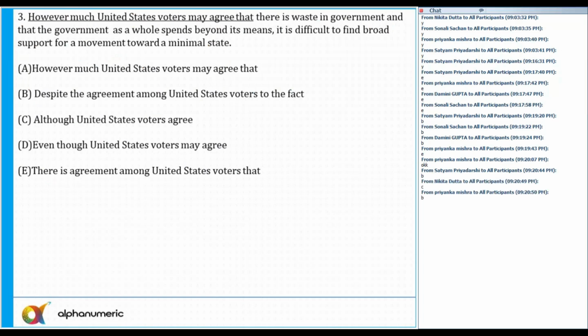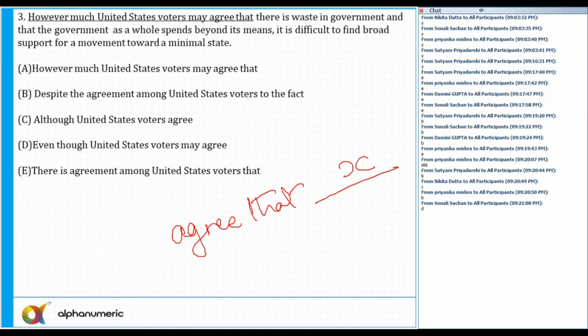You have marked B, okay? Some people have marked B. Some people have marked C. Now see, you agree that X and that Y. You agree on two things.